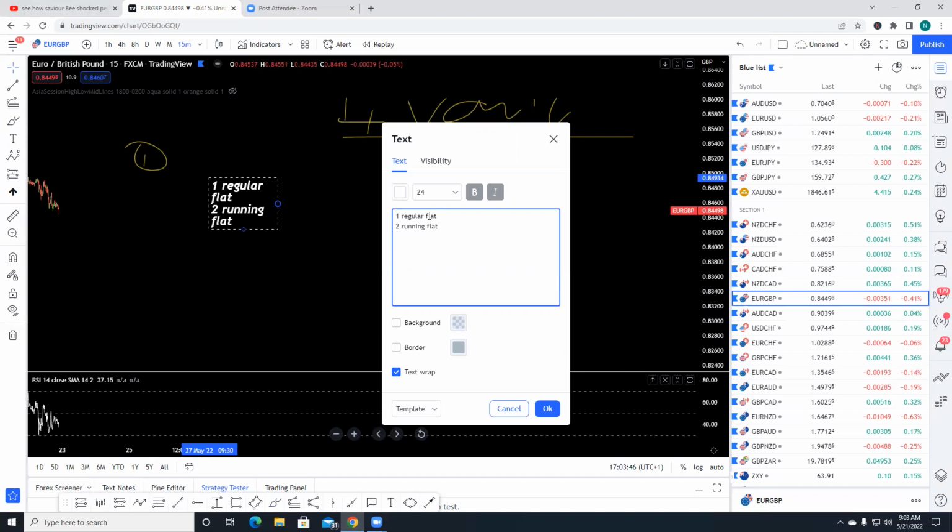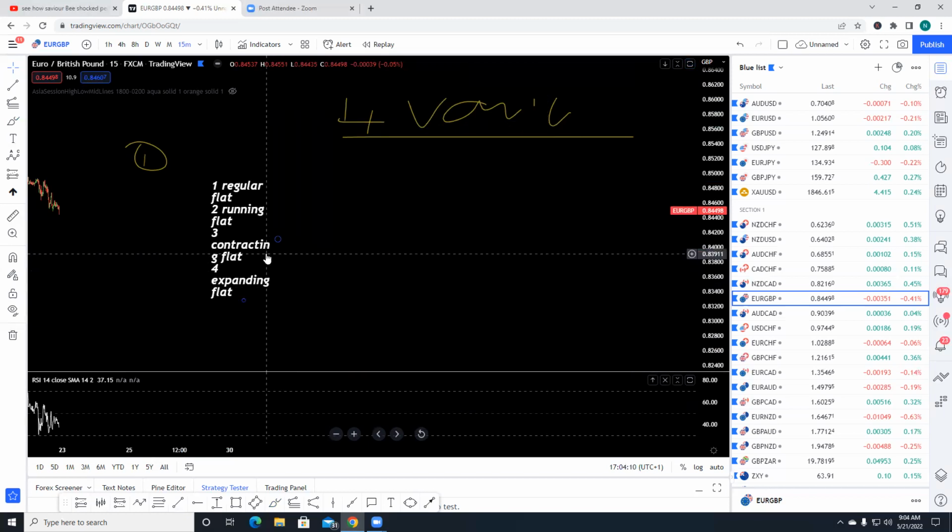And then number 3, you have what is called contracting flat. And then number 4, you have what is called expanding flat. All right. So these are the 4 different types of flat that we have.